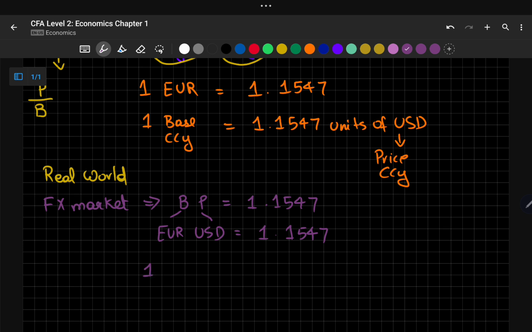1 unit of base currency, that is 1 euro, is equal to 1.1547 units of USD.